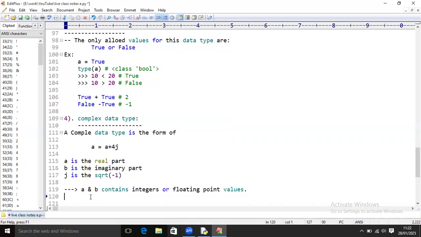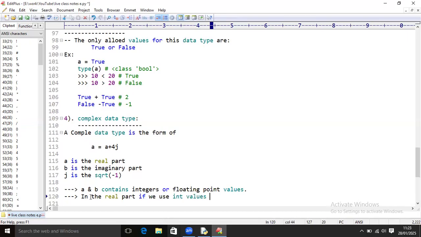Next. And in the real part, if we use int values, that means integer values. Integer is also one data type in Python.